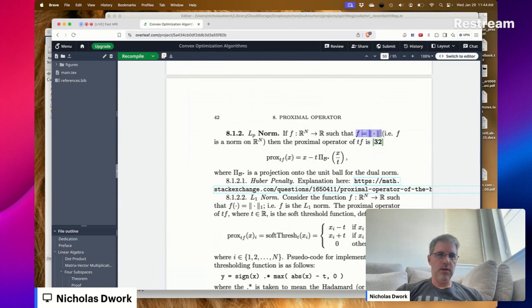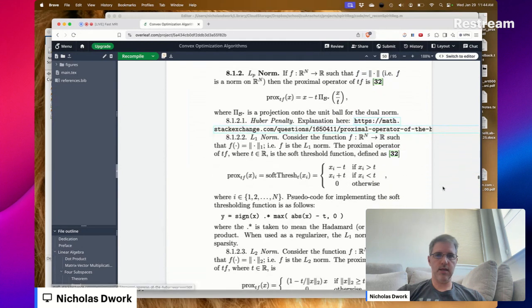So for an L1 norm, the proximal operator of the scaled norm is the input minus the scaling times the projection onto the dual ball of x over the scaling.